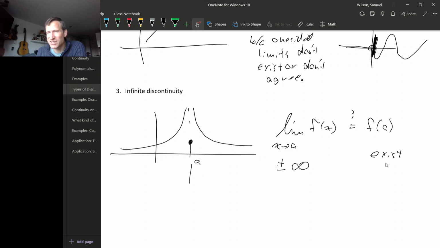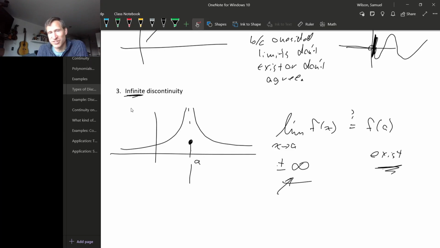And if your function is defined, it can't be taking on the value infinity because that's not a real number. And so if the limit is infinity, the limit is never going to be equal to the value of the function. So that's what makes this an infinite discontinuity. You can tell it's a good name because, hey, one of the limits is infinity.